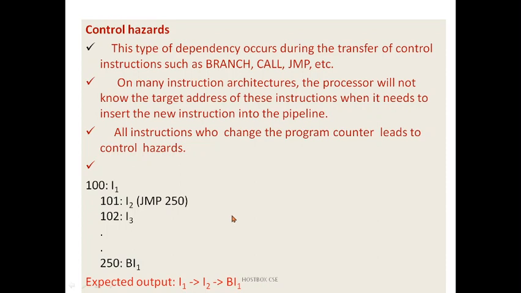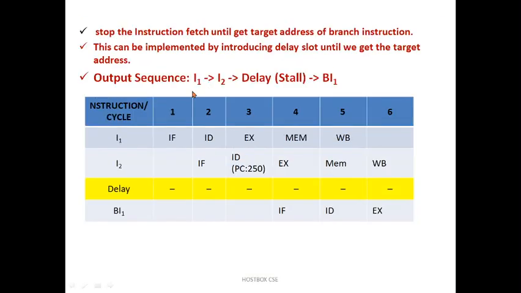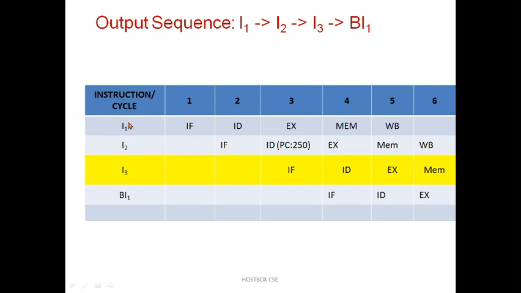But what will happen whenever we try to execute this sequence of instructions with a control hazard? The stages are fetch, decode, execution, memory access, and at last write back, so you have a pipeline with these stages. Whenever I1 is in the ID stage, the instruction decode, I2 will start.